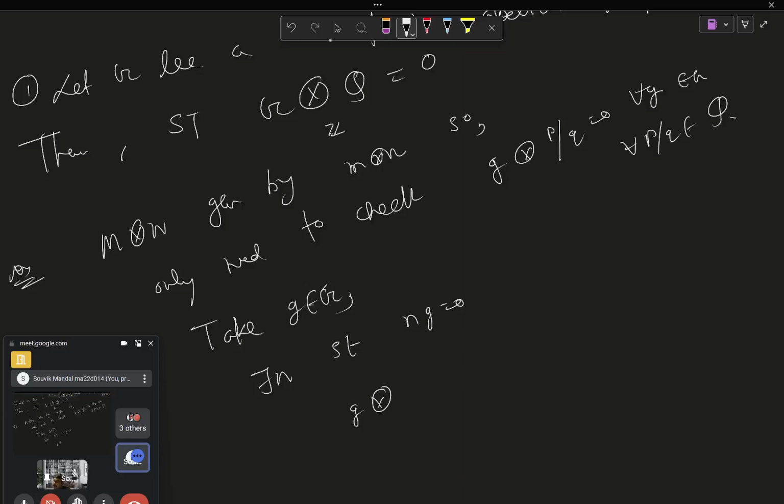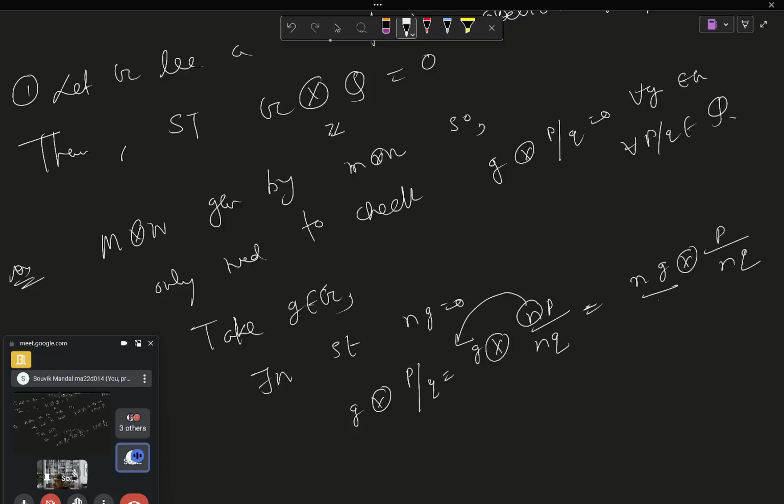Now g tensor p by q can be written as g tensor n p by nq. We can put this n onto g due to this property. So this is ng tensor p by nq, and ng equals 0, so the whole thing becomes 0. This tells that every generator of G tensor Q is 0. So that's why this whole tensor product is 0.